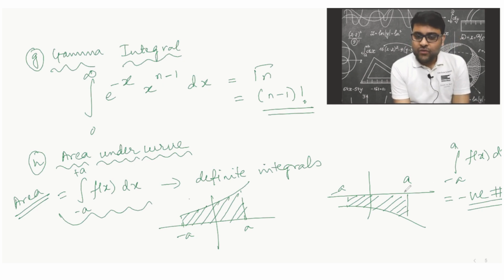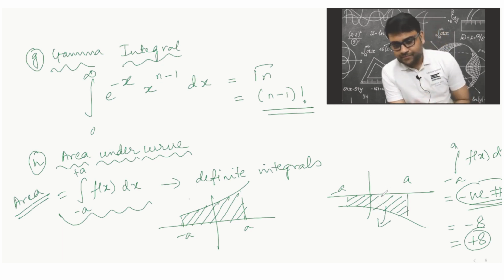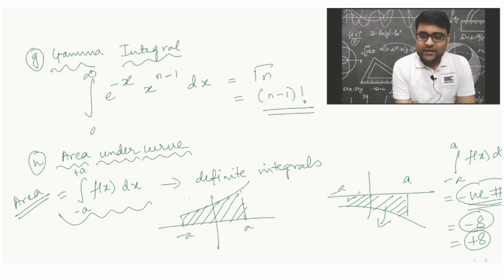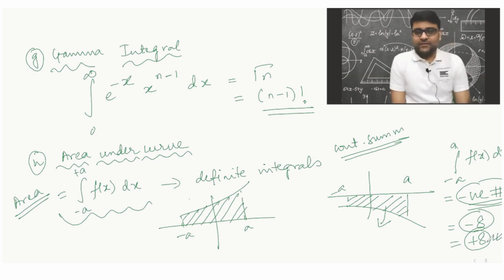So you have to be smart enough to convert this negative number, supposing the answer is minus 8, into plus 8, because area cannot be a negative number. Integration is nothing but continuous summation, so the summation of these negative values is equal to minus 8. Therefore the area is obviously plus 8.